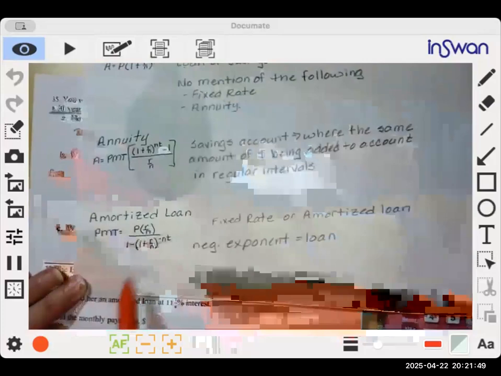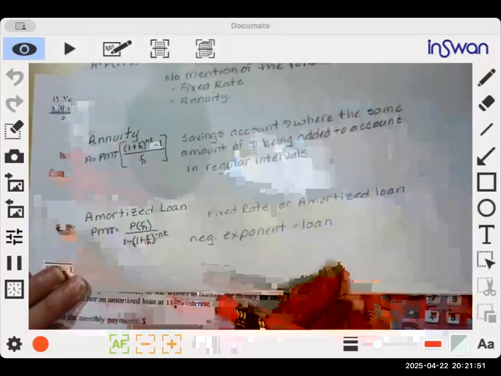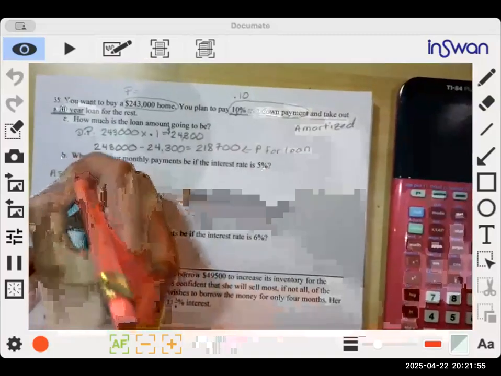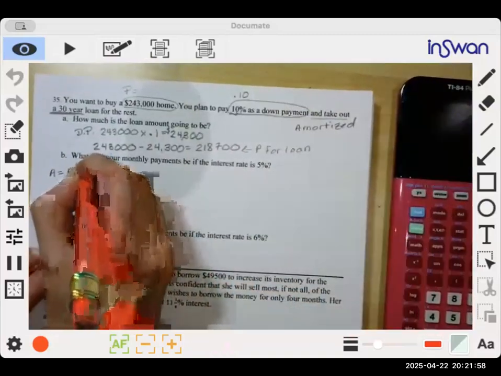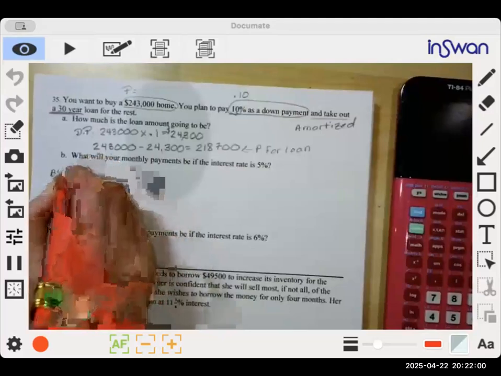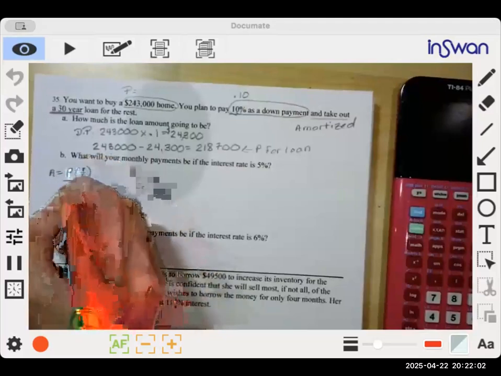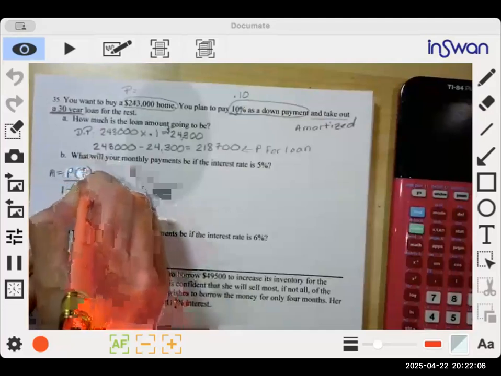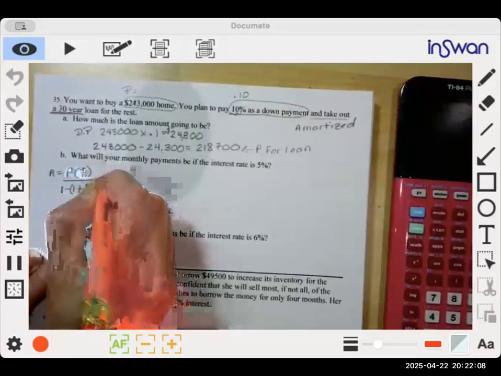I'm sorry, I'm using the short version. A equals P R over N over 1 minus 1 plus R over N to the negative NT.